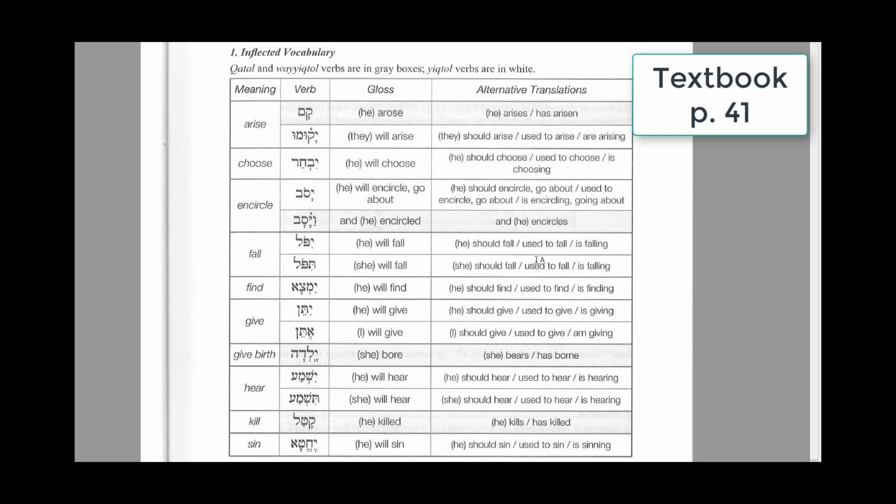Let me say a few things first about this chart on page 41. Column 2 gives us a set of verb forms. And so column 2 here is a whole set of particular verb forms.